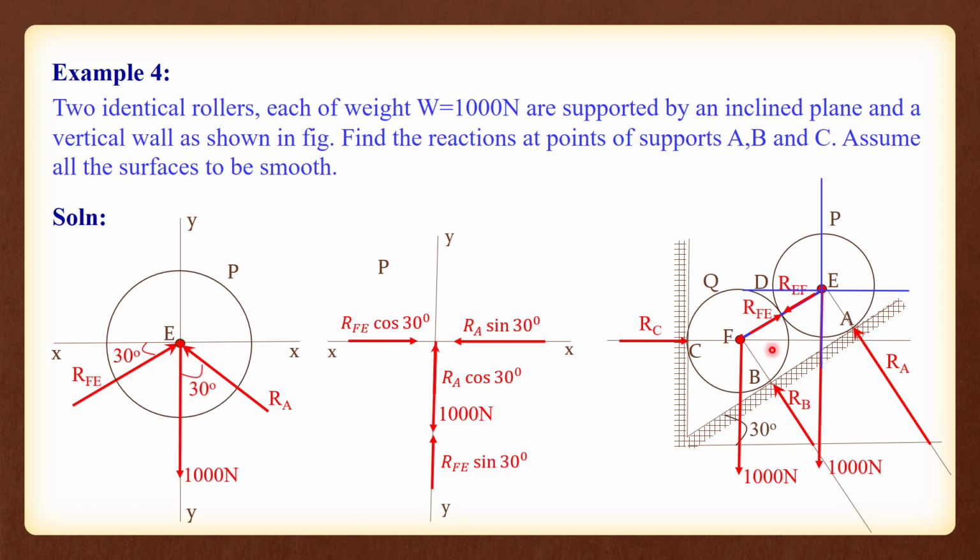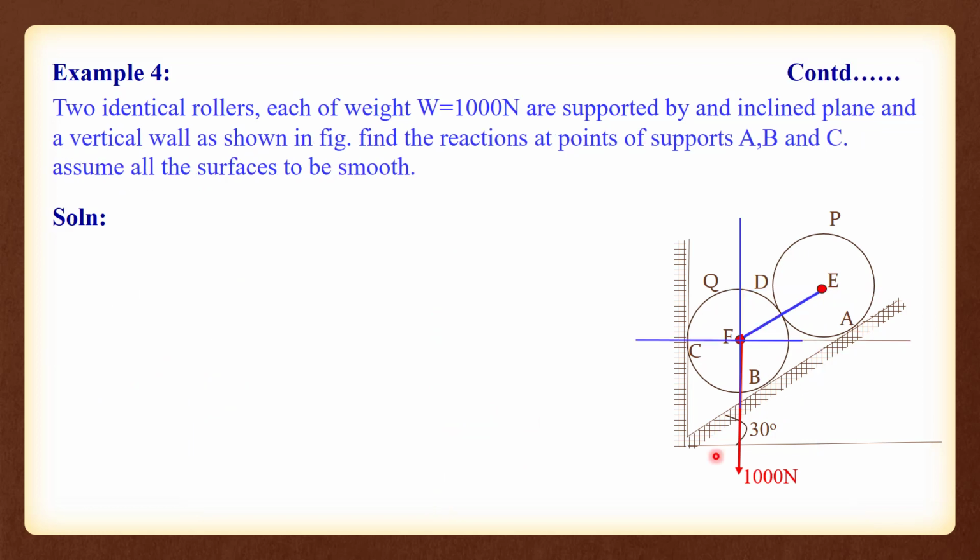Now let us see what are the forces acting on the roller Q. The first force will be the weight of the roller, acting vertically downwards through F, that is 1000 Newton, which is given in the question. Then there are three contact points, so there will be three reactions. The second one is RB, which will be perpendicular to the surface.